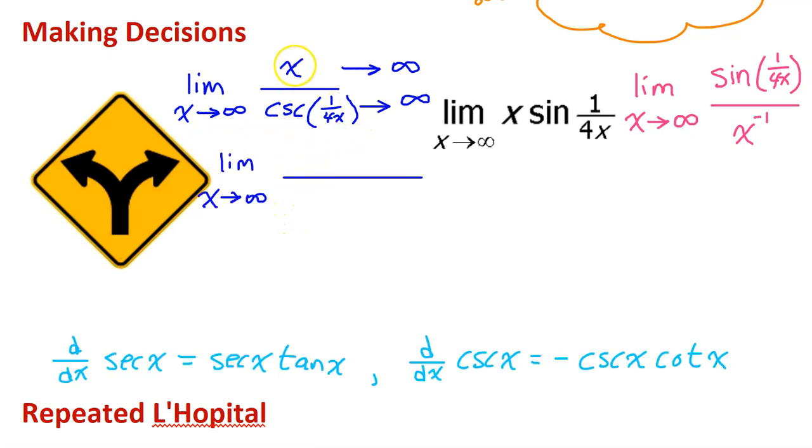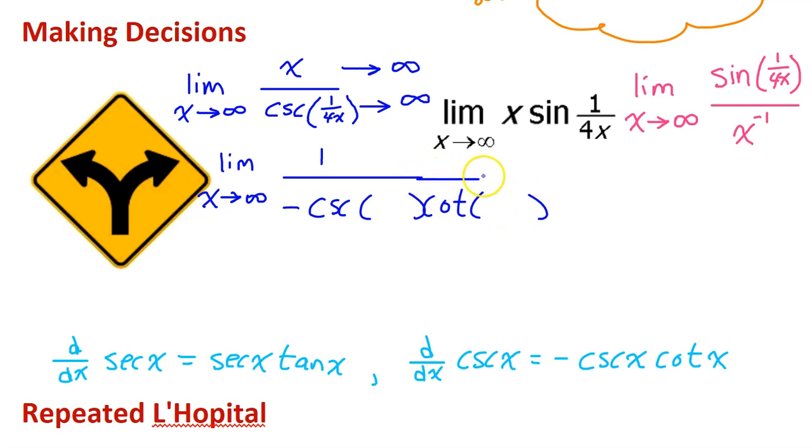L'Hopital's rule says we can take the derivative of the numerator and the denominator without changing the limit. The derivative of x is 1, and using our memorized rules, the derivative of cosecant x is negative cosecant cotangent, but we do have to do the chain rule. But let's start with negative cosecant cotangent.